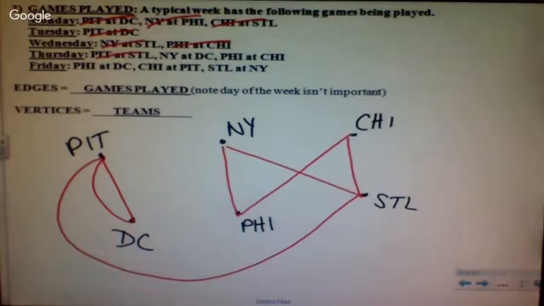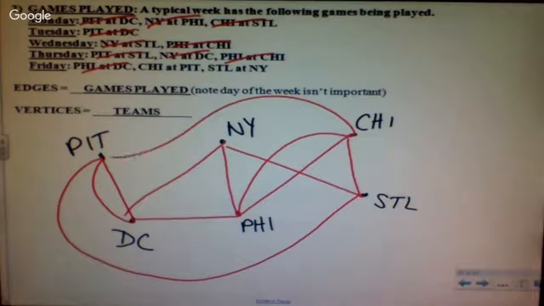New York and DC. Philly and Chicago again. Philly and DC. Chicago and Pittsburgh. St. Louis and New York.